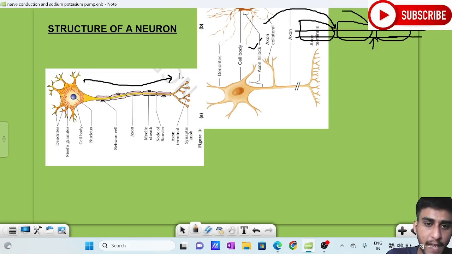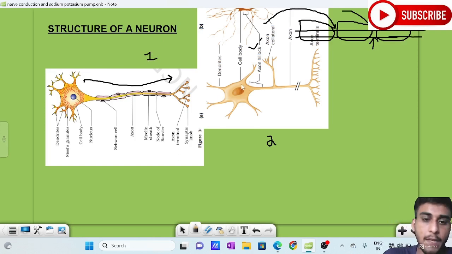From the axon terminus, this neuron will send the signal onward. This is one neuron and this is the second neuron, right? This first neuron is known as the presynaptic neuron, and this is the postsynaptic neuron, because the first neuron got the signal and is passing it to the second neuron. How does this passage occur? It is by the help of electrical signals.